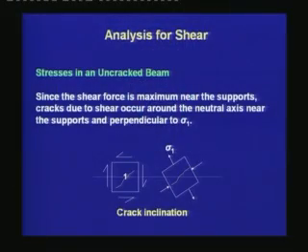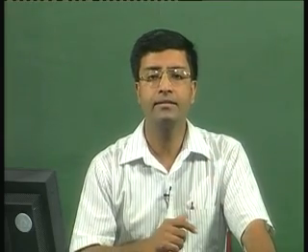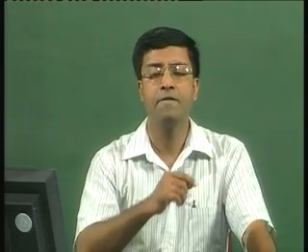Since the shear force is maximum near the supports, cracks due to shear occur around the neutral axis near the supports and perpendicular to sigma 1. As I said, if we look point by point along a beam, first the shear force is maximum near the supports, and next the shear stress varies along the depth, and that is maximum at the neutral axis.